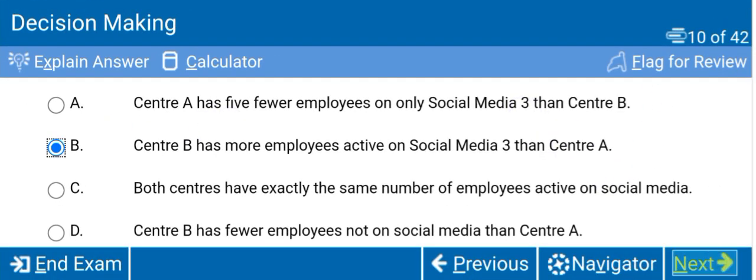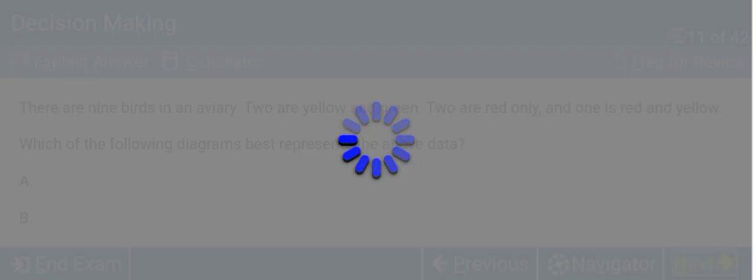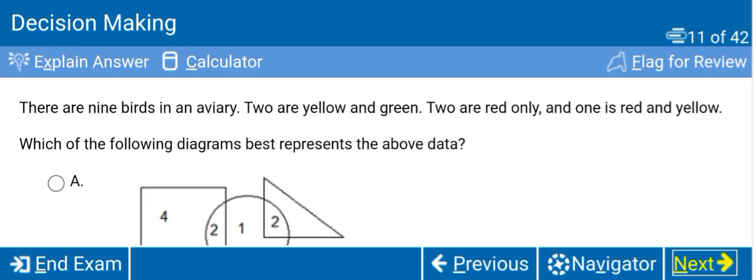Next we have question number 11. It says there are 9 birds in an aviary. 2 are yellow and green, 2 are red only, and 1 is red and yellow.